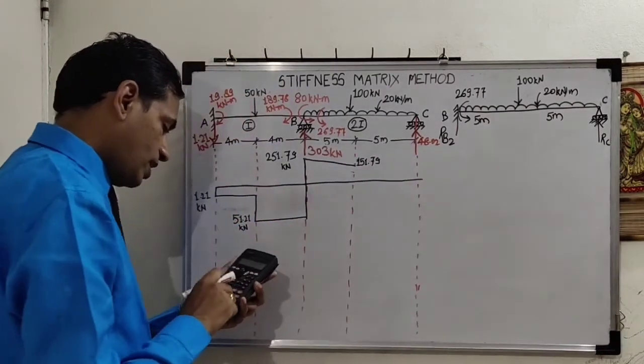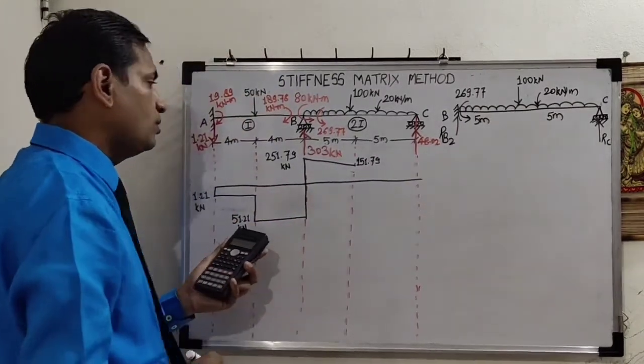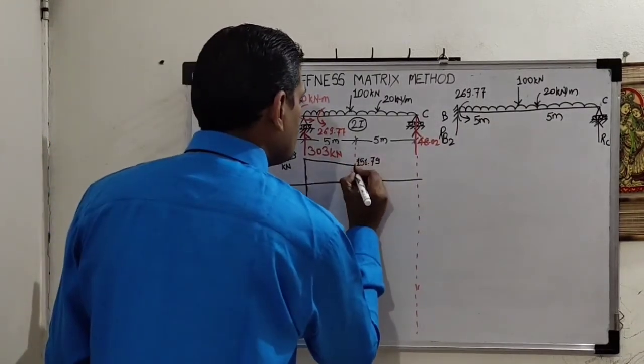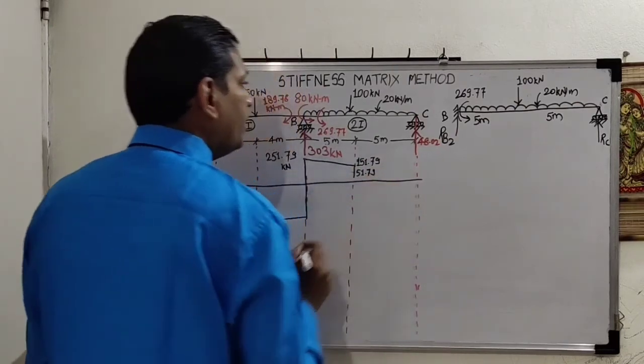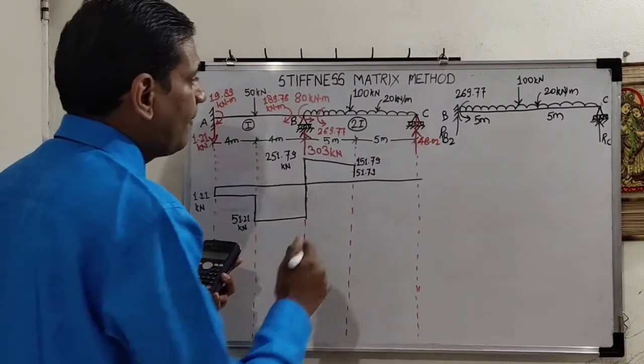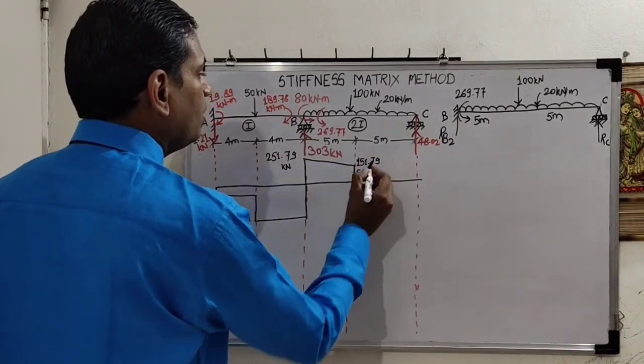From this minus 100, so 51.79 and again minus 100.